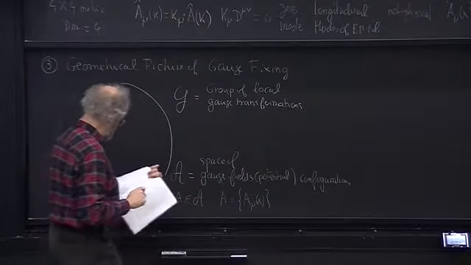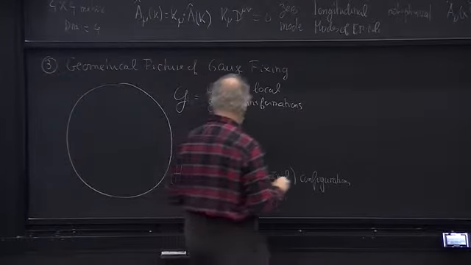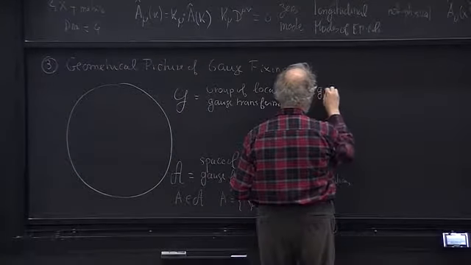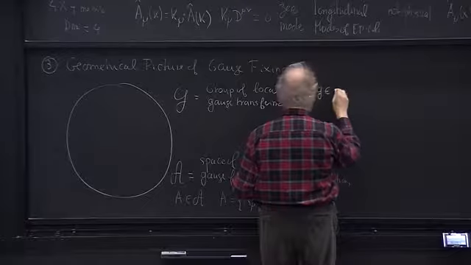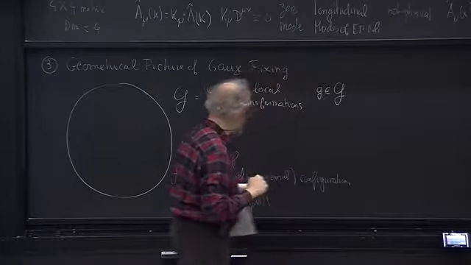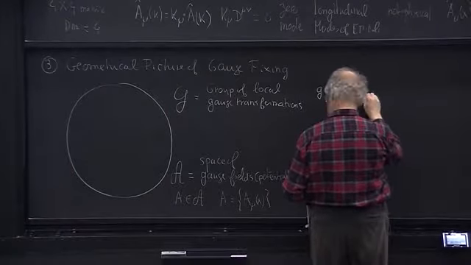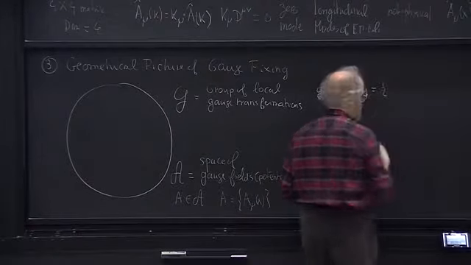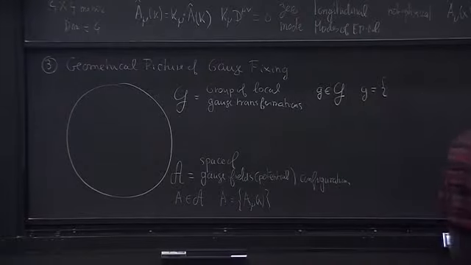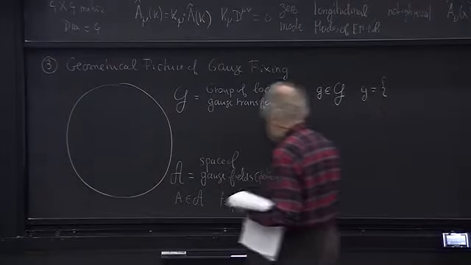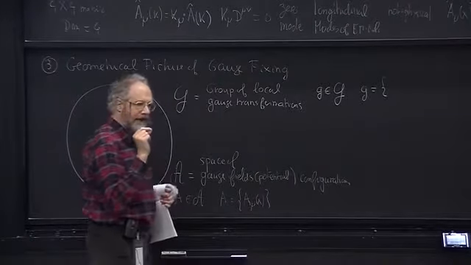So an element of the group, I'm going to denote it g, a point in this very big group is just the data of a local gauge transformation at each point.